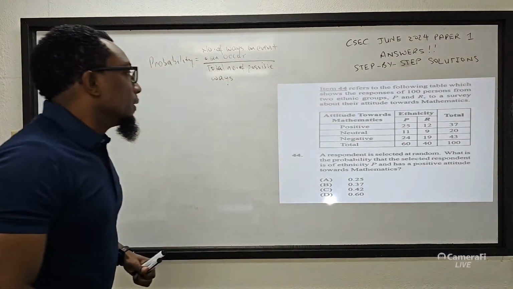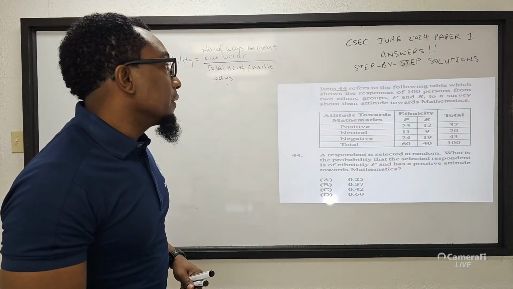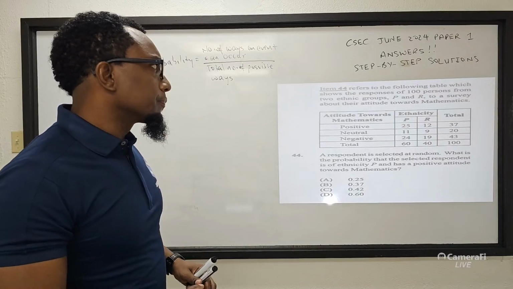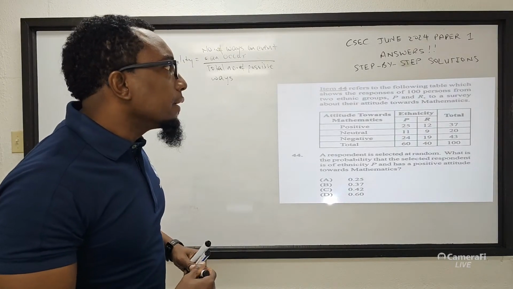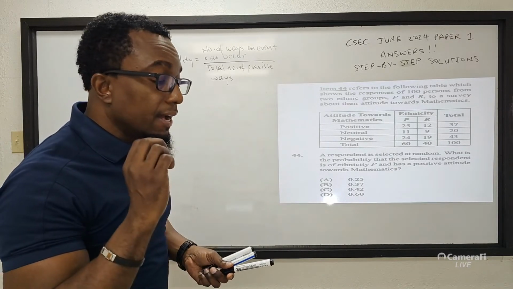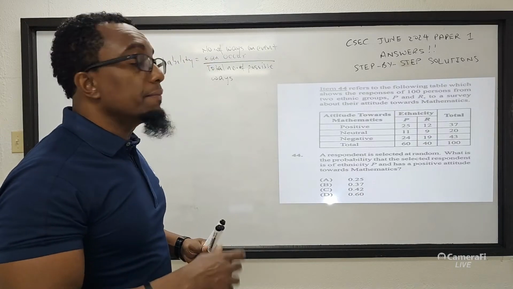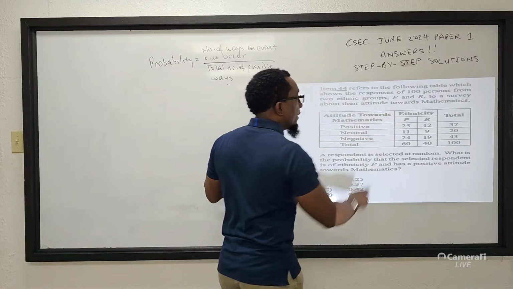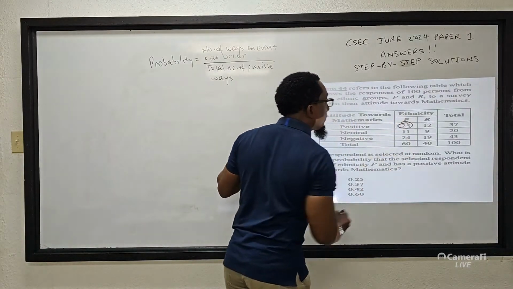So, we want to determine what is the probability that the selected respondent is of ethnicity P and has a positive attitude. So, how many respondents are of ethnicity P, good, and have a positive attitude? So, ethnicity P is here, and they have a positive attitude. That will be 25 of them. Yeah?